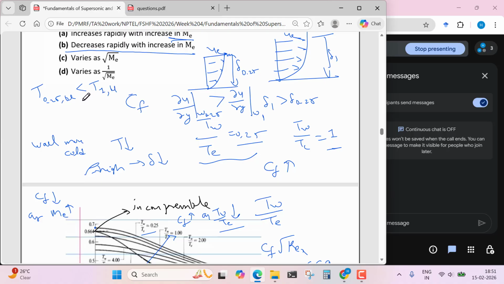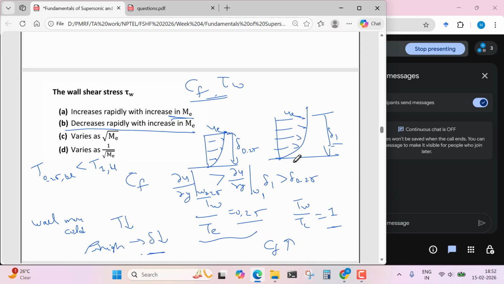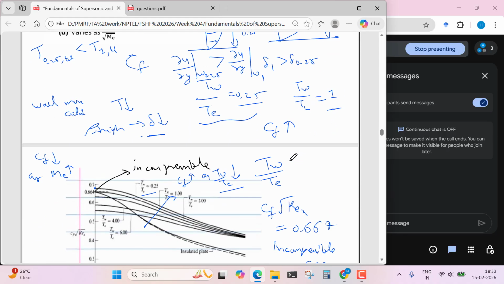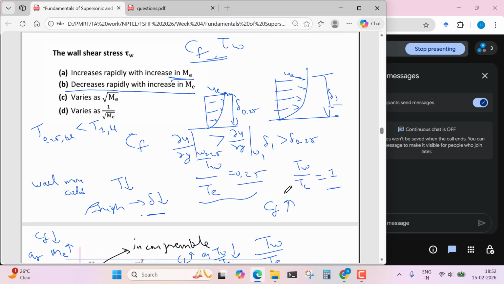If temperature is lower, density will be high. If density is high, boundary layer thickness will be low. So the boundary layer thickness for the 0.25 case is lower than for the 1 case. If boundary layer thickness is low, then the CF value will increase, because dou U by dou Y will be high.